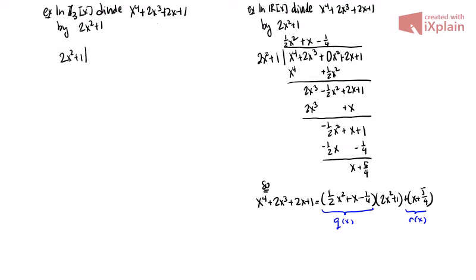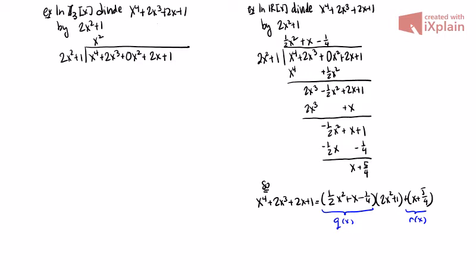So I'm going to start with the same structure. I'm going to proceed the same way, except we need to be a bit more careful because everything is done in Z3.